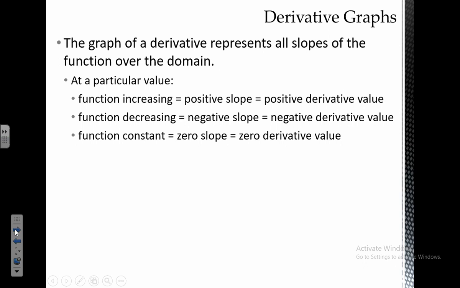It's the wrong one. If you have an increasing portion, then your slopes are going to be positive. So the x values where our function is increasing, your derivative will be above the x-axis because your derivative values are positive. Let's go ahead and look at a couple examples.